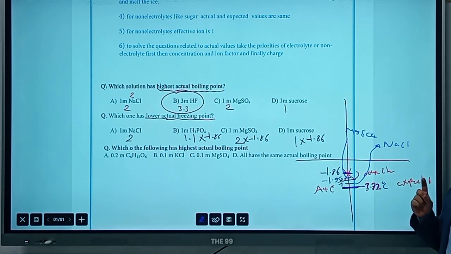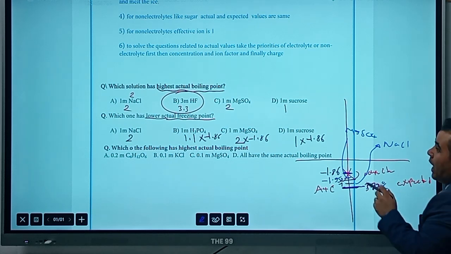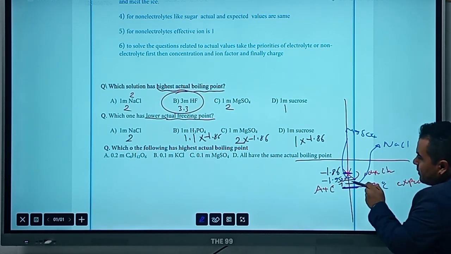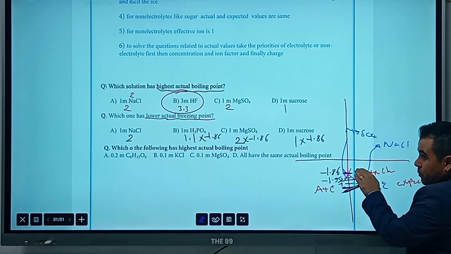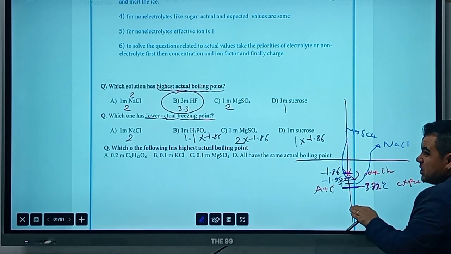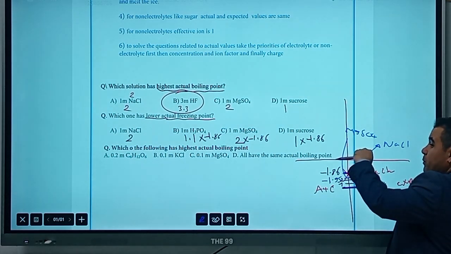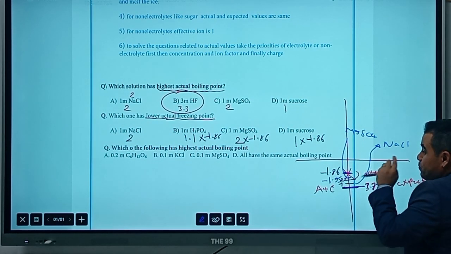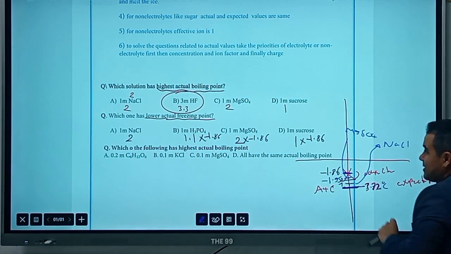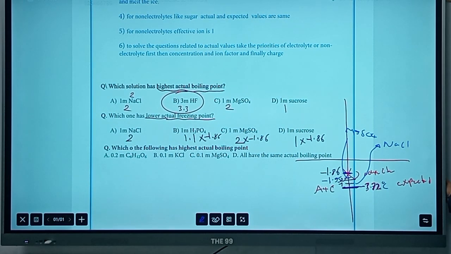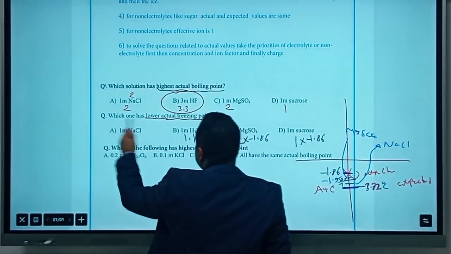The lower actual freezing point means farther from zero. If it requires higher, we mean the closest to zero. So the one that has the lower actual freezing point depression is NaCl, guys.